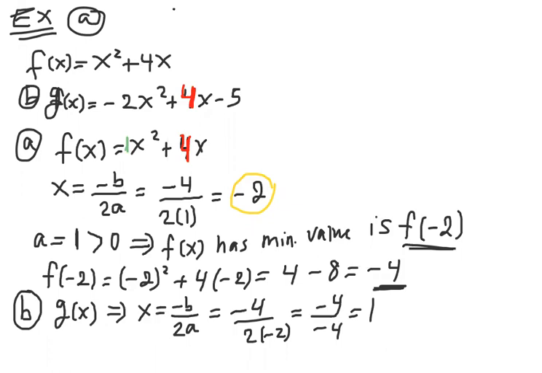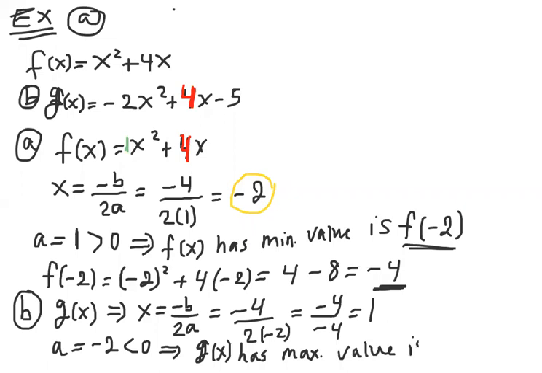Now we check a. a is equal to minus 2, less than 0. That means the function has a maximum value. g of x has a maximum value, and its value is g of 1.